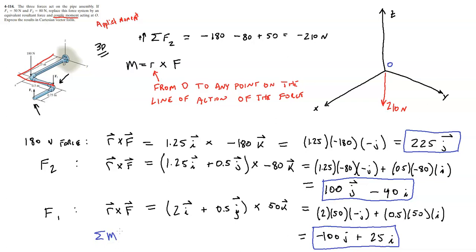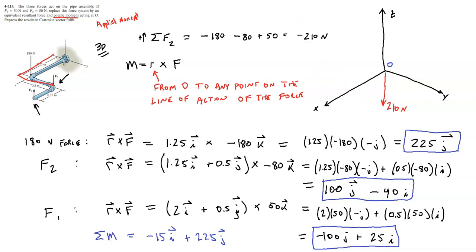Well, you have to add the I's to the I's, the J's to the J's, and the K's to the K's. So you'll notice in the I, you get minus 15I. Notice how the J's cancel. You got 100J and minus 100J, so those go away. And then you got plus 225J.